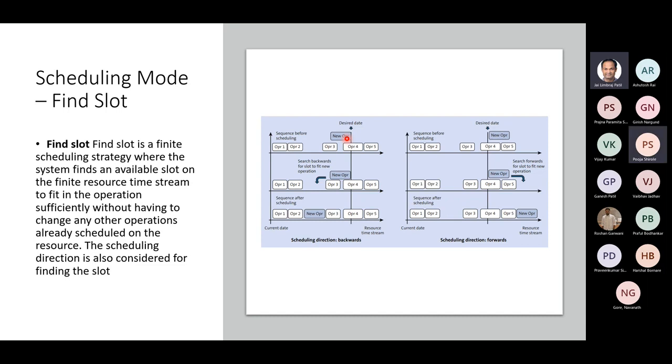We have set up find slot and the backward direction, so it will go backward and find the slot like this. It needs to have the entire time slot. If it is taking five days, for example, we need a slot of 5 days where it can put the entire operation.